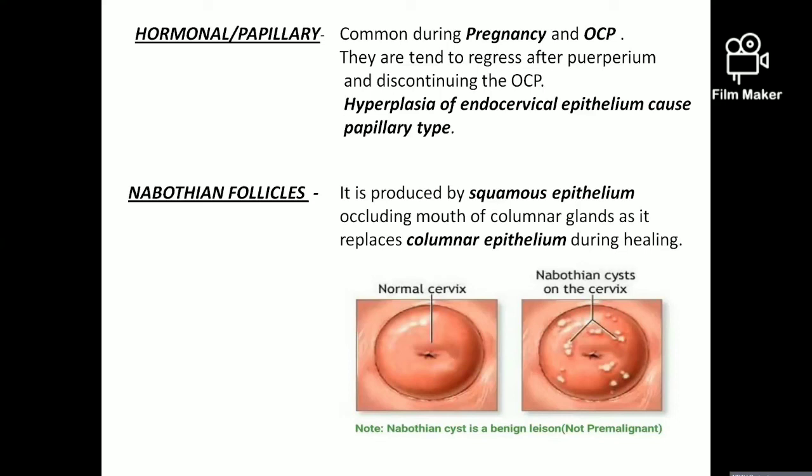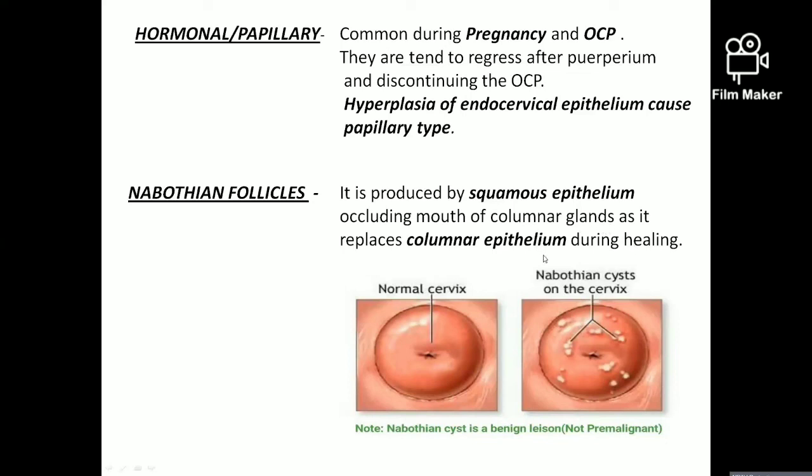So one has to be very careful while looking at epidermization as a healing process. In Nabothian, while healing, this squamous epithelium occludes the mouth of the columnar glands as it replaces the columnar epithelium during healing.